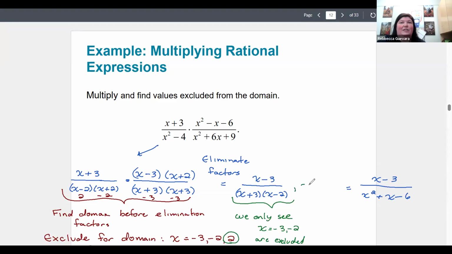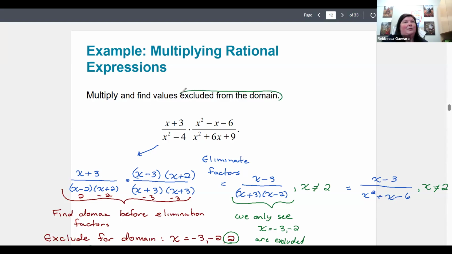So we just make sure, once again, that we say this is all true, just as long as x is not positive 2, the one that we hid by simplifying.